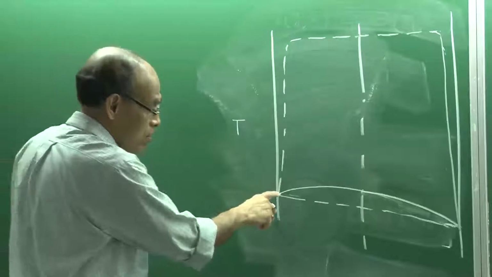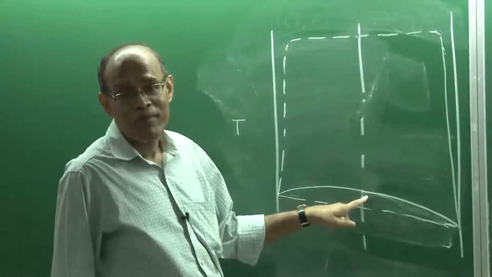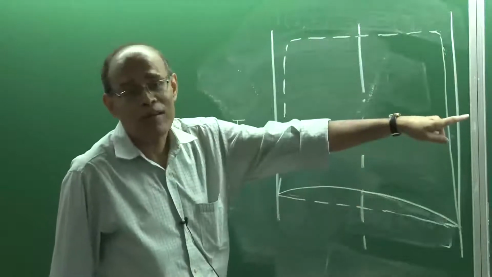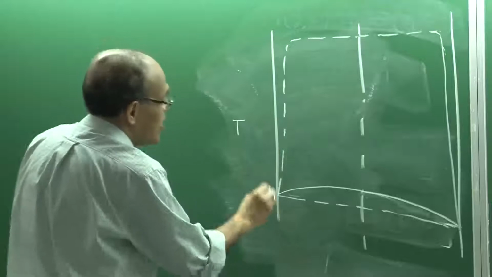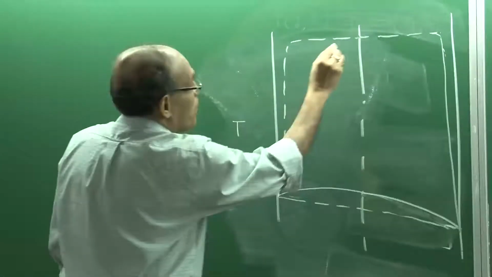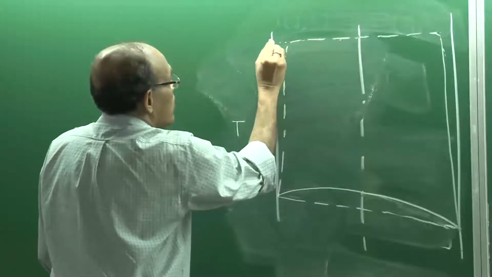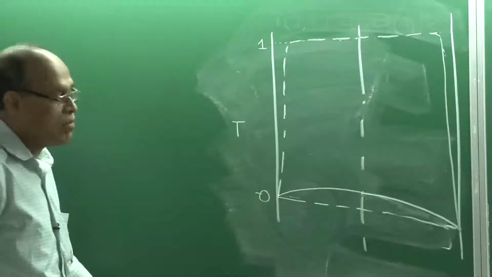In this graph you should be able to see that this is a long time solution, because what is the steady state solution? The steady state solution essentially tells us that this is the non-dimensional temperature of 1, and this is the non-dimensional temperature of 0. Okay?